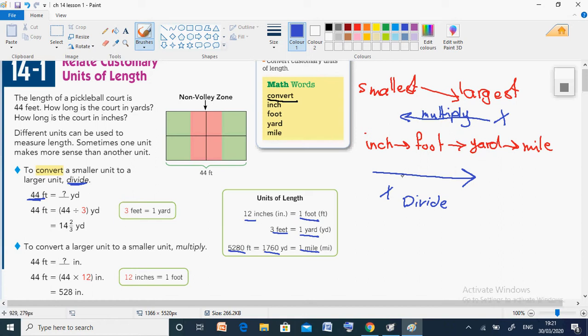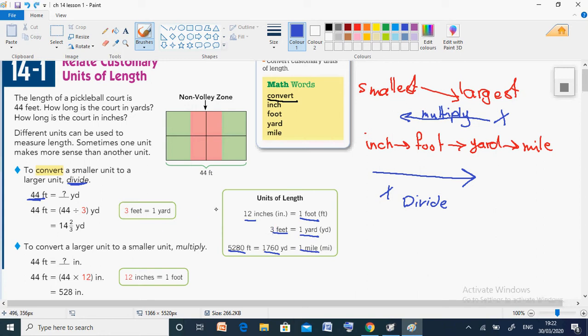Now here I have 44 feet and yards. Look here, each yard is 3 feet, so I am going to divide. Okay boys, divide by what? Here I have feet and yard, so we have to divide by 3.